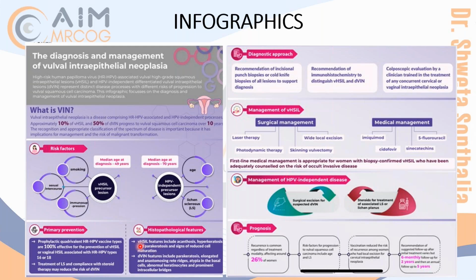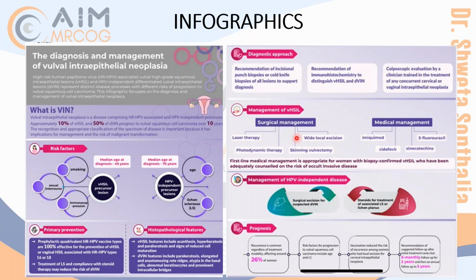Histopathological features of VHSIL: acanthosis, hyperkeratosis, parakeratosis, reduced cell maturation. In DVIN: parakeratosis, elongated ridges, abnormal keratinocytes, and prominent bridges. Diagnostic approach: incisional punch biopsy or cold knife biopsy of all the lesions, immunohistochemistry to differentiate between the 2 types, and colposcopic evaluation and cervical and vaginal evaluation if needed.